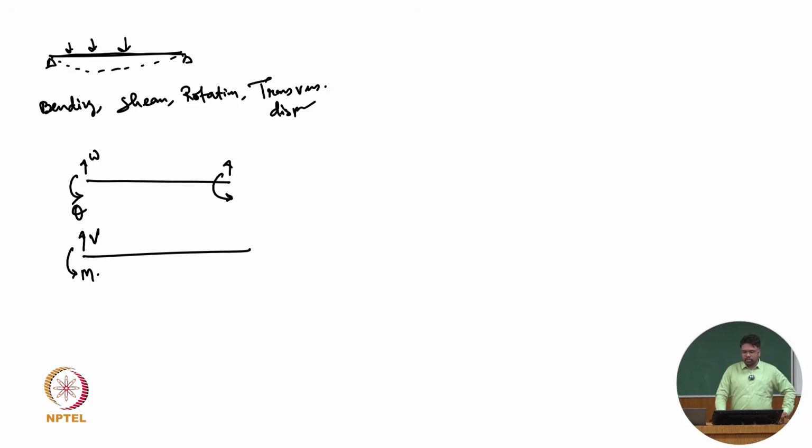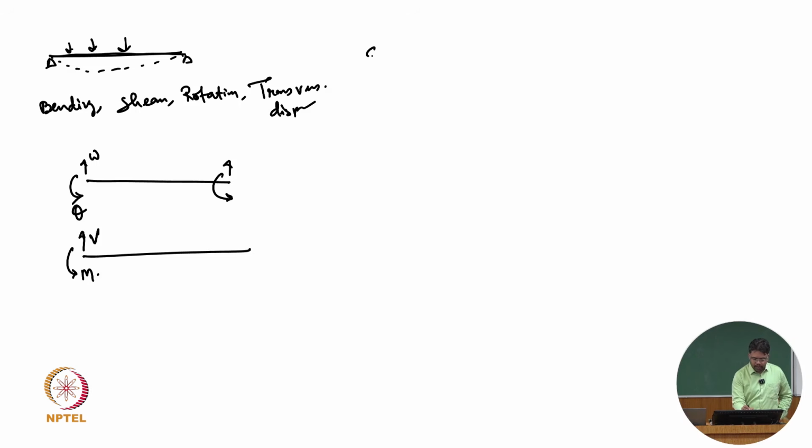So what is the equation of motion for a beam? Now you can see that shear and bending are the two forces coming on it. So what is the equation of motion?